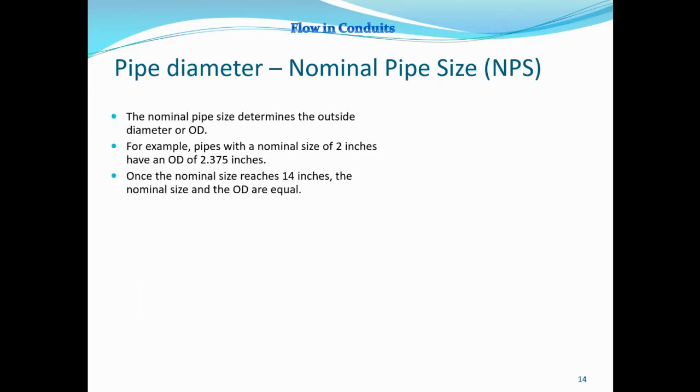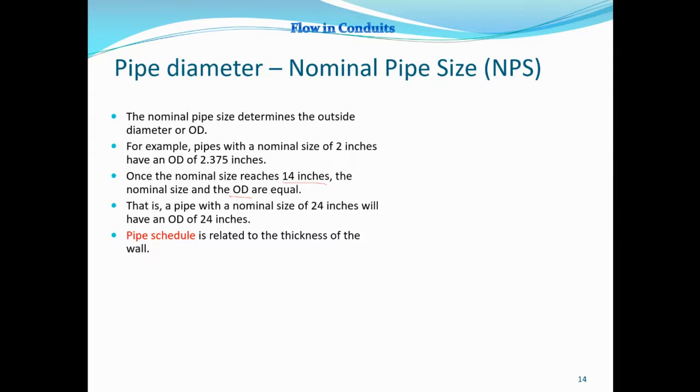Once the nominal size reaches 14 inches, the nominal size and the outside diameter are equal. That is, a pipe with a nominal size of 24 inches will have an outside diameter of 24 inches.